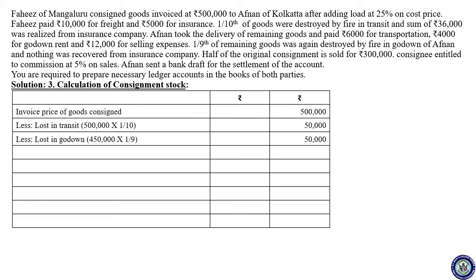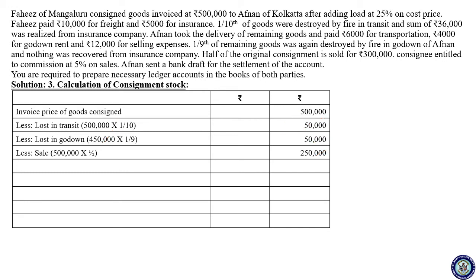Now how did you get 4 lakh 50? 5 lakh worth goods were consigned, out of which 50,000 were destroyed. So 5 lakh minus 50,000 comes to 4 lakh 50,000. Of that 4 lakh 50 worth invoiced goods received, 1/9 will come to 50,000.